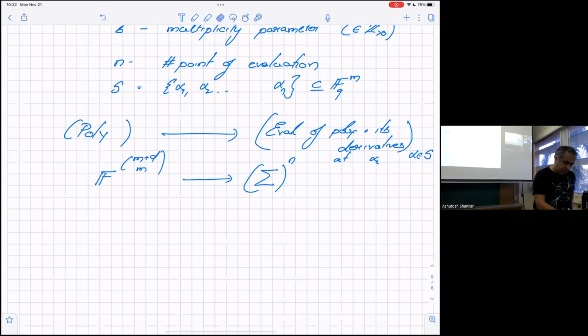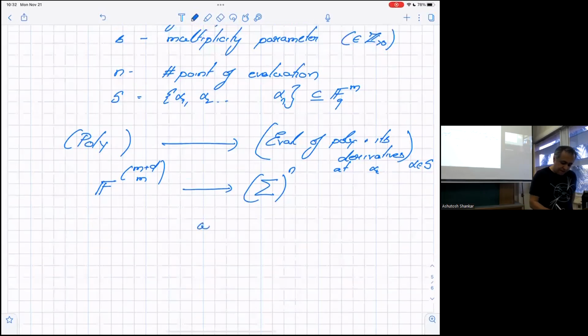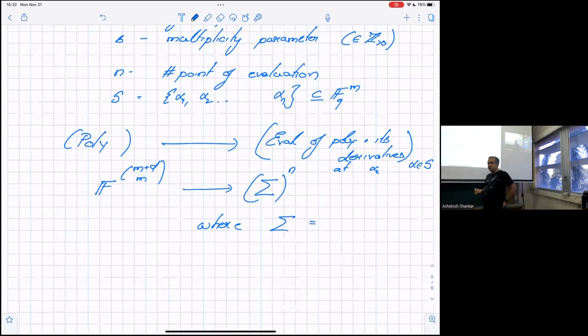What is sigma? Sigma is going to give me all the lower order multiplicities, all multiplicities less than S.